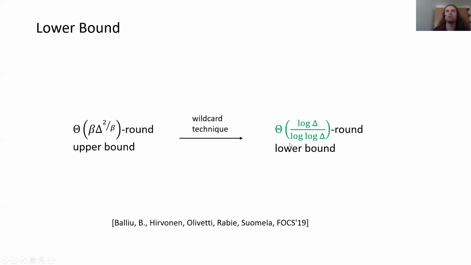And for this step, fortunately, it doesn't make that much of a difference whether the dependency on delta is linear or polynomial or whether it's logarithmic. Essentially, the difference it will make is whether the bound in n that we get in the end is roughly log n or roughly square root of log n. All right, this is how our lower bound works. I hope you enjoyed the talk, and if you have any questions, let me know.